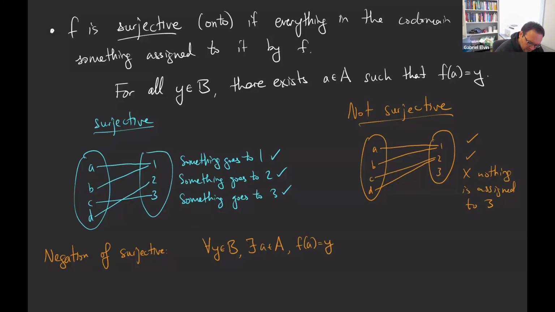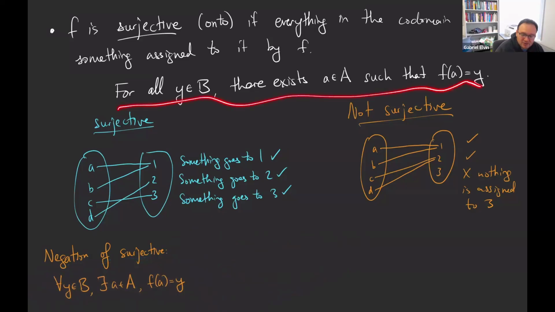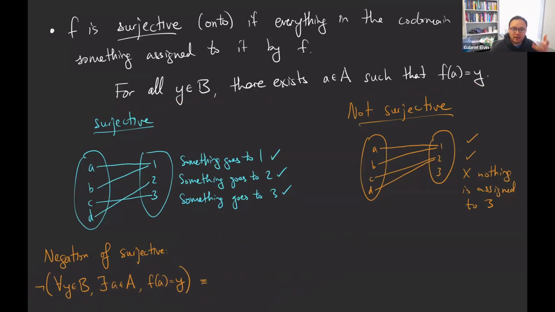I'm going to move this down here. So this is not the negation. This is surjective, this statement, but purely in logical symbols. So the negation of it is equivalent to, well, remember we have De Morgan's laws for predicates. You can pull the negation through and then flip the quantifier.